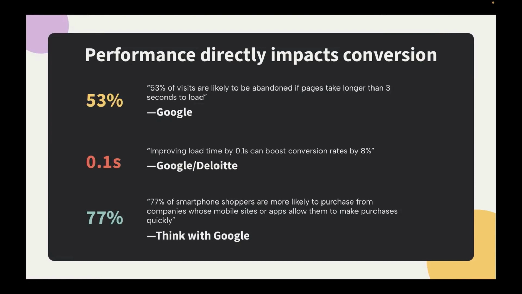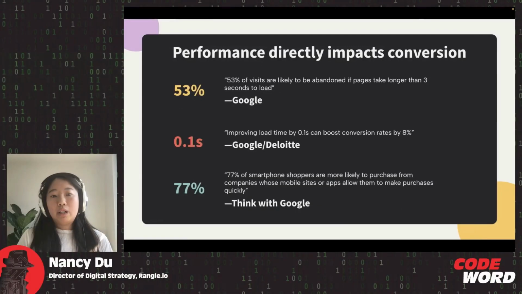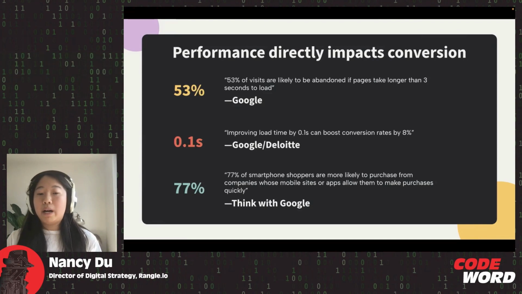And that metric is going down by the year as users are increasingly expecting more performant and fast websites. Other metrics are things like improving load time even by 0.1 second can boost conversion rates by 8%. So even just increasing your site speed by a little bit can go a long way in terms of impact.